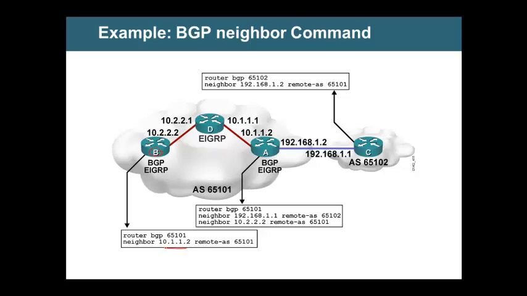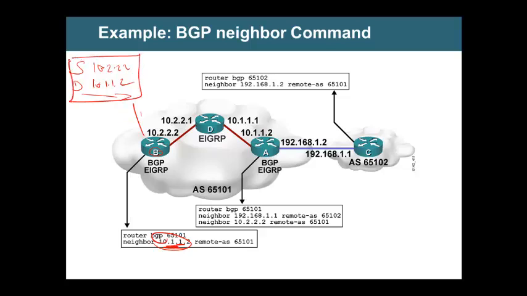So when router B sends the packet, it will say source as 10.2.2.2 and destination address as the neighbor address. Now this packet will go to whom? Will go to A. Correct.